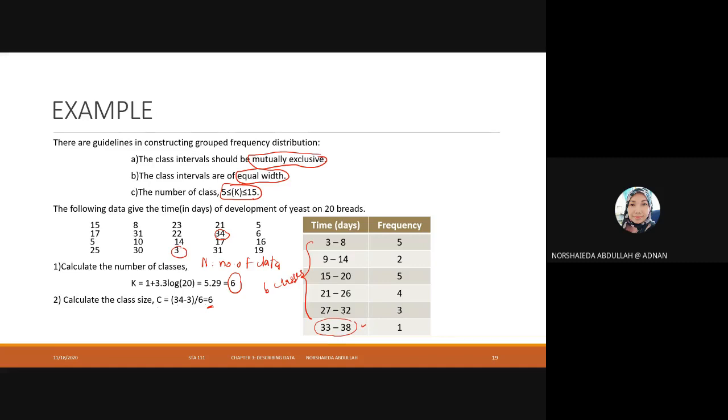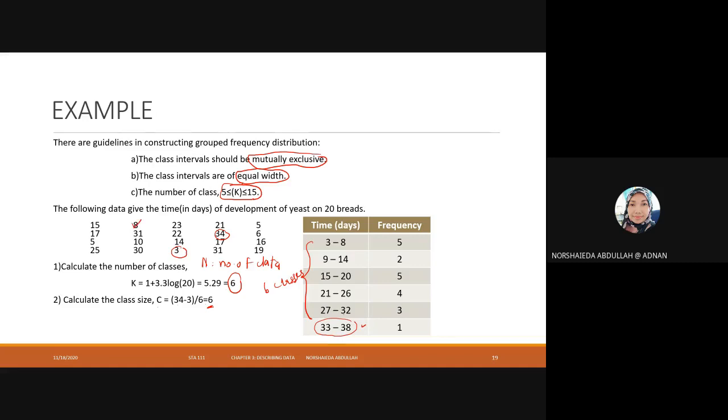And then when we have the class interval, next we find the number of observations, or the number of data, that fall in that class. From 3 to 8, we count how many data have values from 3 to 8. Here there are 5 data with values 3 to 8.